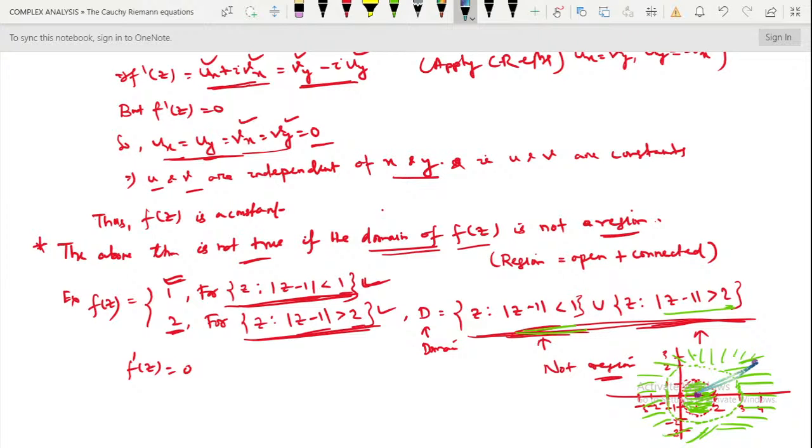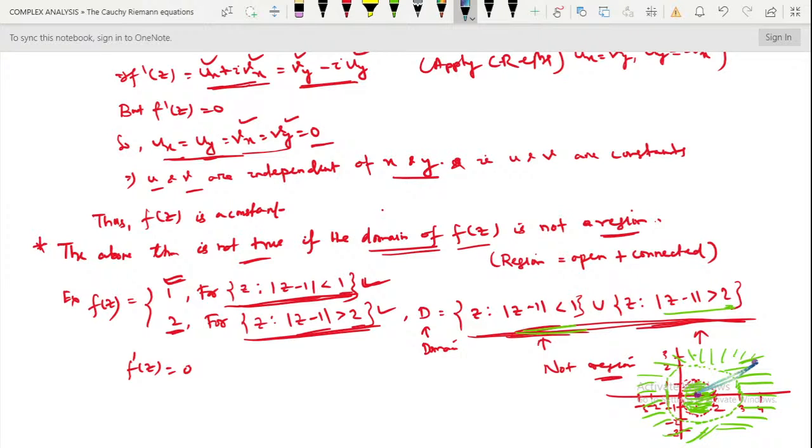So if this thing is constant, then you have to say the original function f of z is analytic, so you have to show f of z is constant. So how will we show that f of z is a constant?